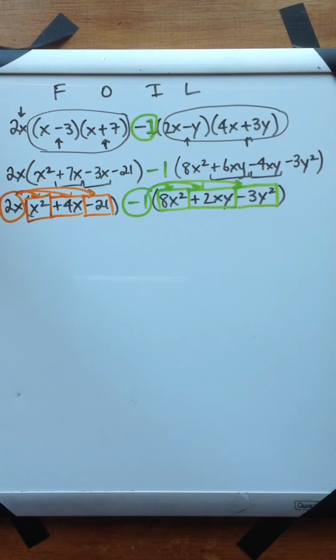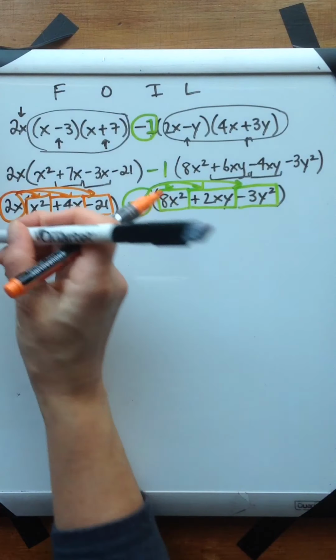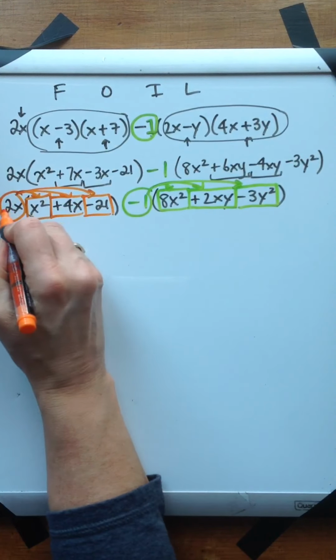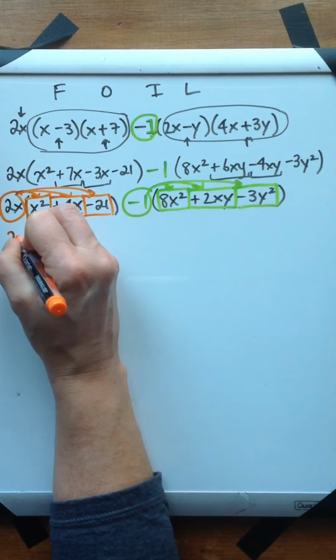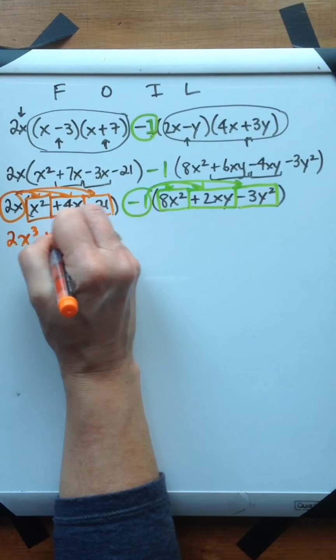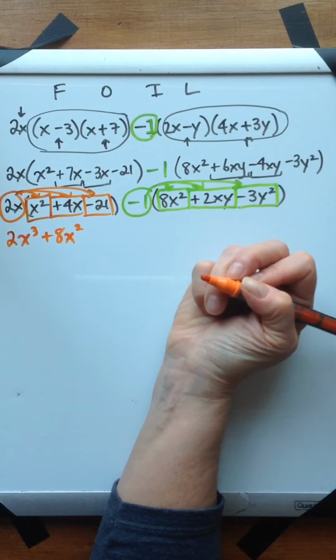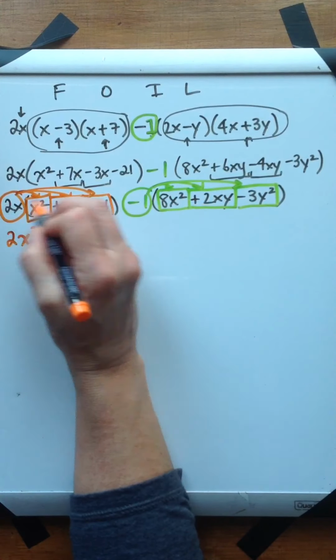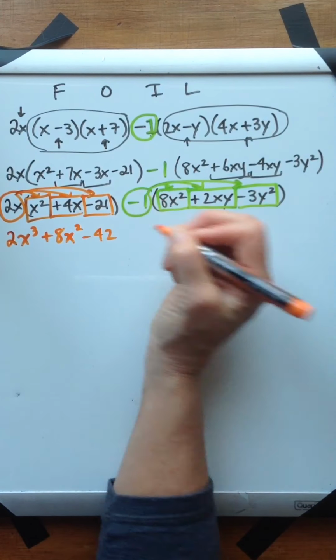So let's be mindful of the 4 parts of a term as we multiply. So 2 times 1 is 2, and x times x times x is x cubed. +2 times 4 is 8. X times x can be written as x squared. 2 times -21 is -42.